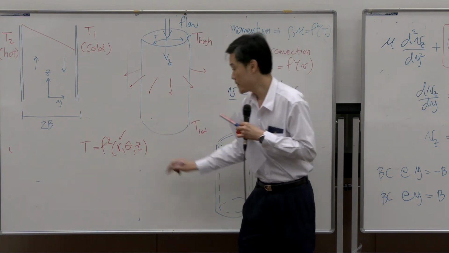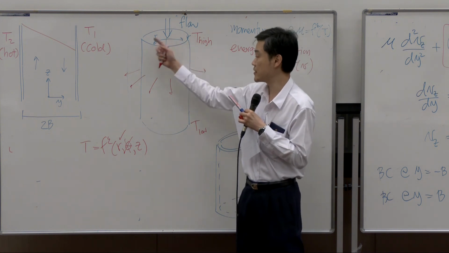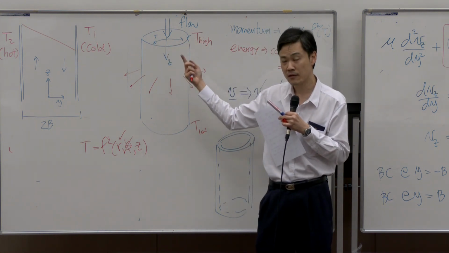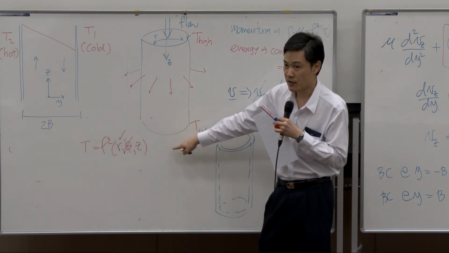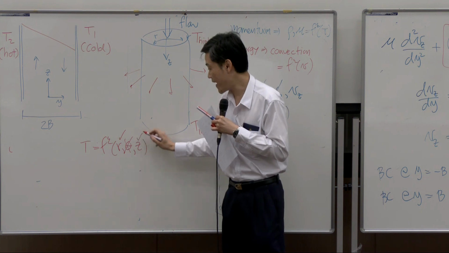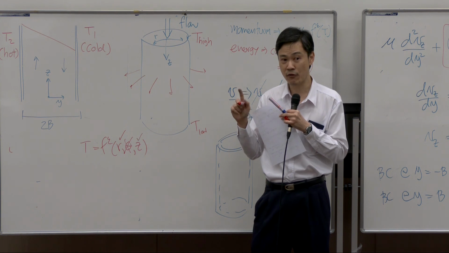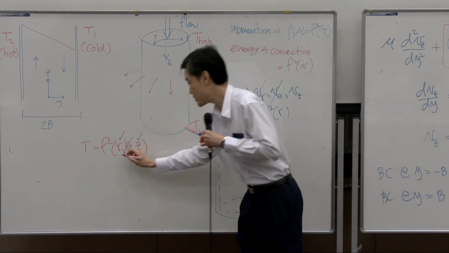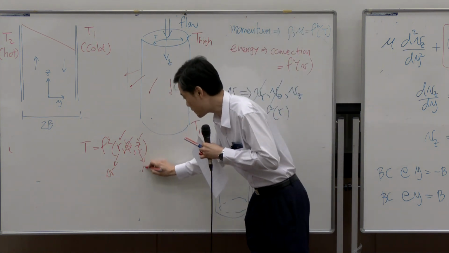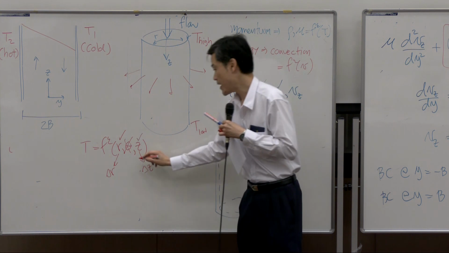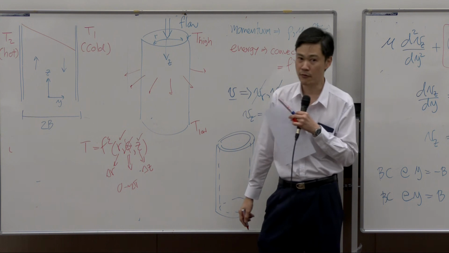According to symmetry, it's not a function of zeta. Temperature is the same around the circumference. Temperature is changing with respect to Z as we discussed earlier. So now temperature is a function of R and Z. That means the shell for energy balance is supposed to have thickness delta R in R direction, thickness delta Z in Z direction, and cover full size 0 to 2 pi in theta direction.